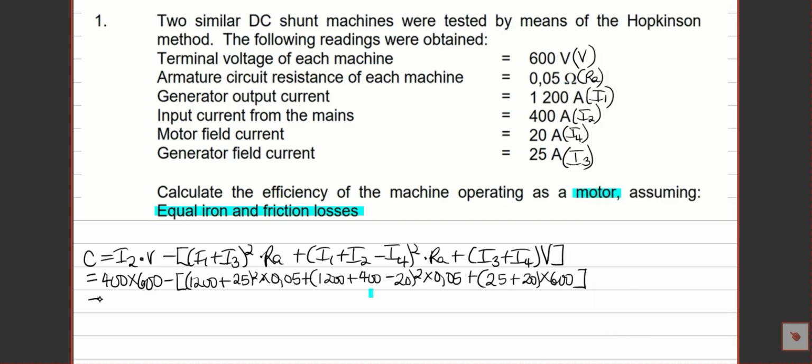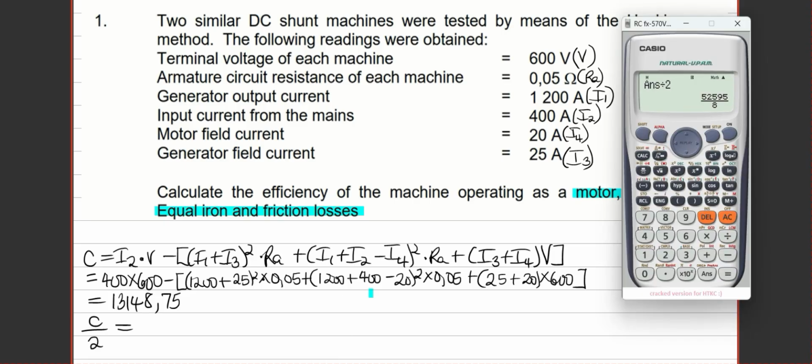So for safety purposes, make sure at least you type your value 3 times or 2 times, just for safety purposes. Then we know we want to find C over 2. So your C over 2, you can divide this value by 2. And our answer, we are getting 6574,375 watts.